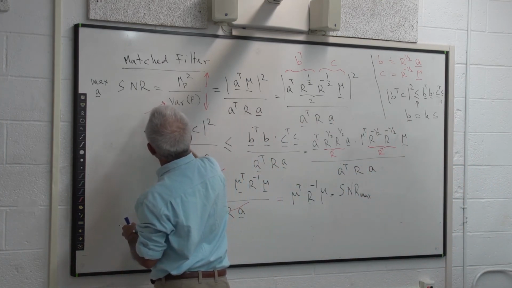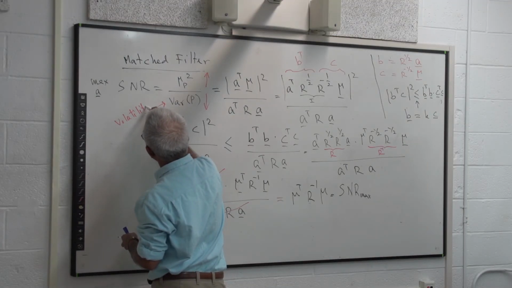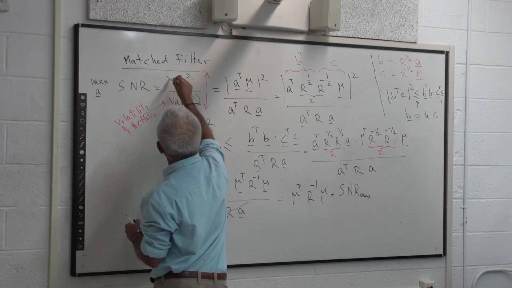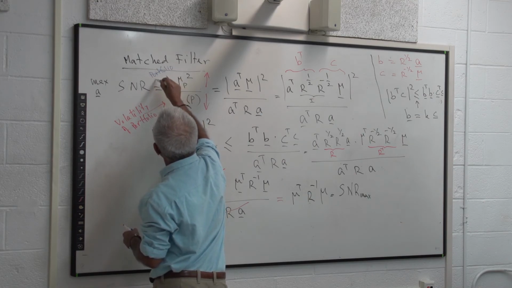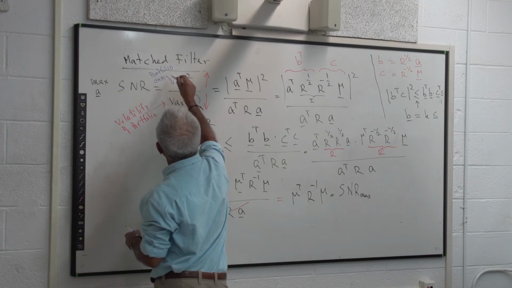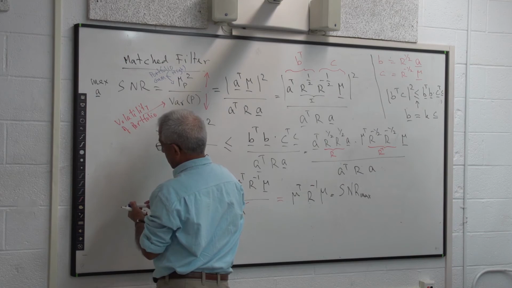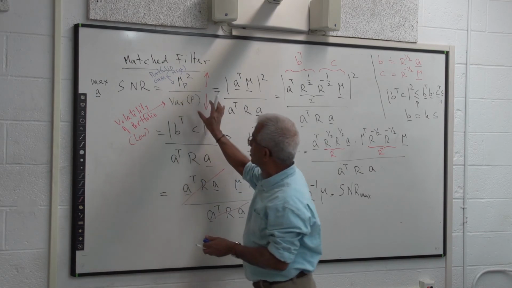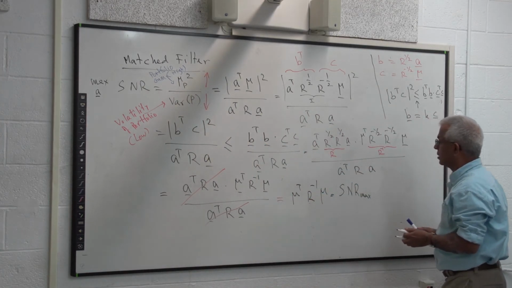So this is the volatility of the portfolio, and this quantity is the portfolio gain. We want this quantity to be high and we want this quantity to be low. That's why we put it in the denominator. So if you maximize the ratio, both have to happen.